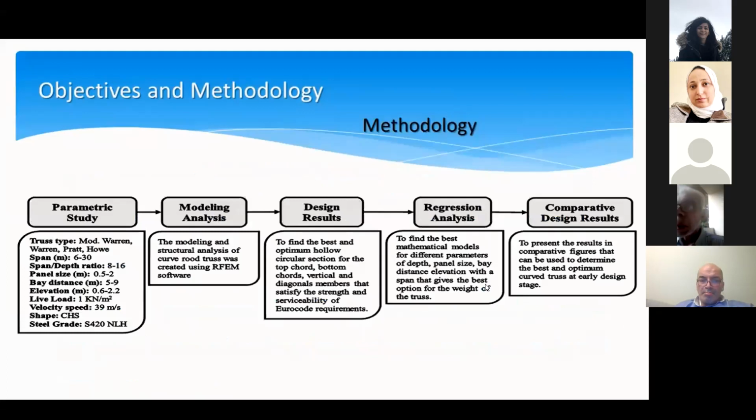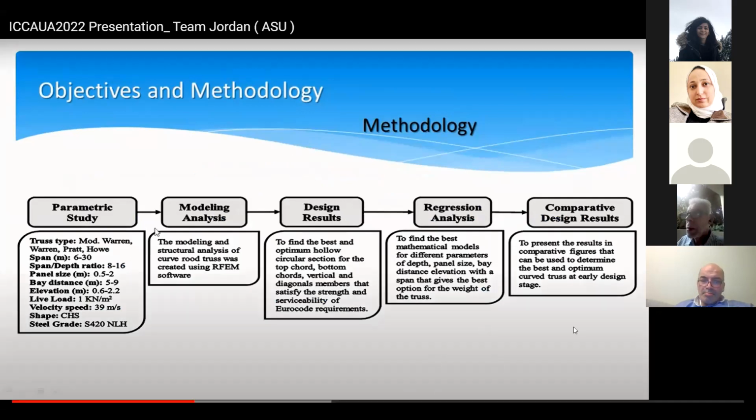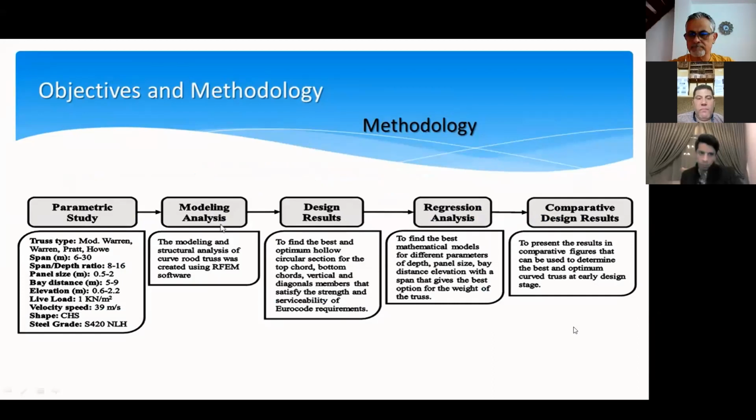Methodology. At first, the parametric study used these values by making one of them variable and the others fixed. Then we're going to transfer to the modeling analysis using RFEM.